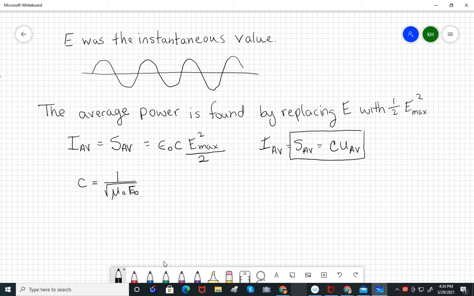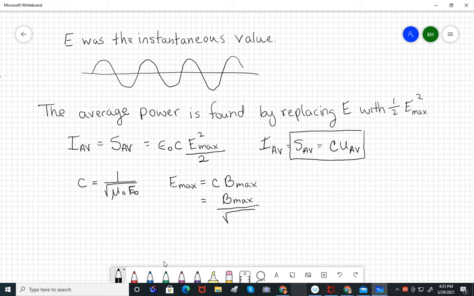We know that E max is equal to c times B max.